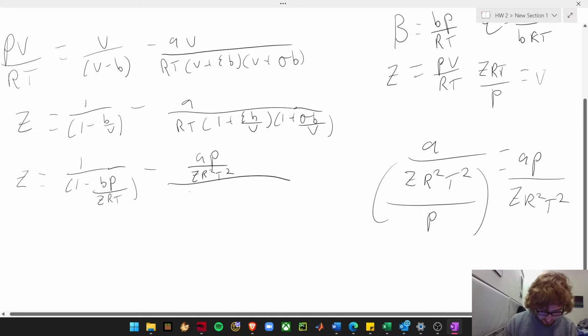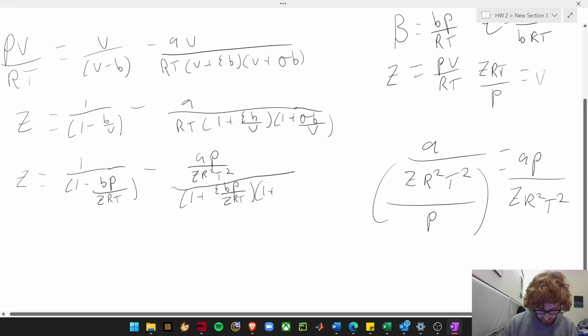We'll have 1 plus epsilon BP over ZRT, and then we'll have the same thing with sigma. We'll have 1 plus sigma of BP over Z, and it's getting a bit too sloppy.